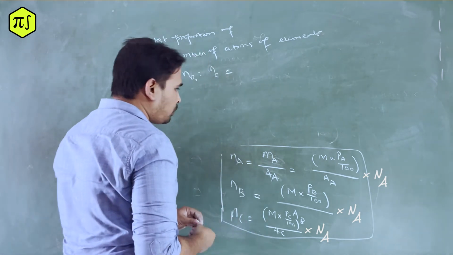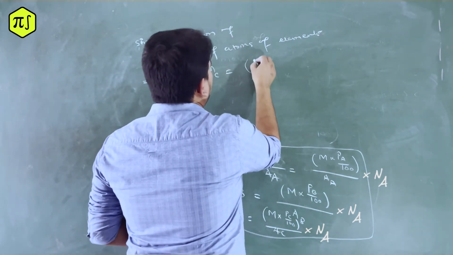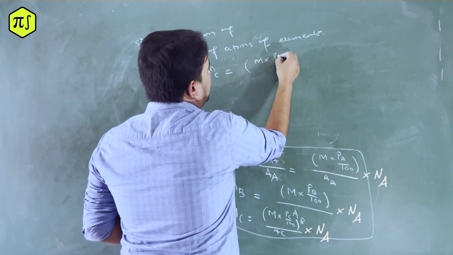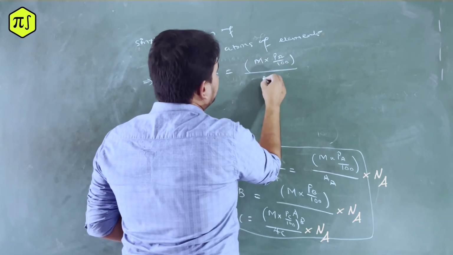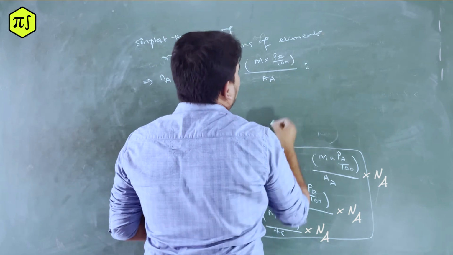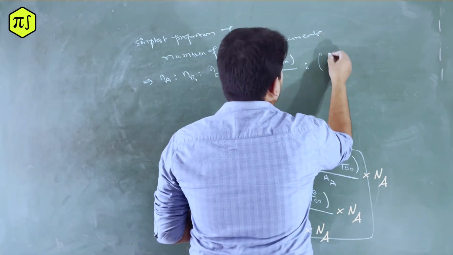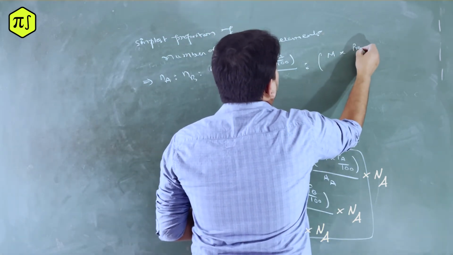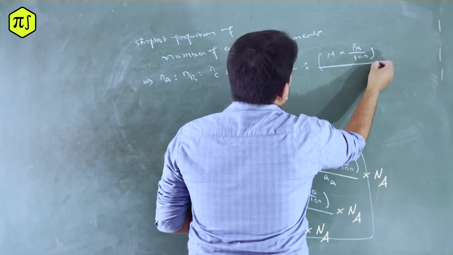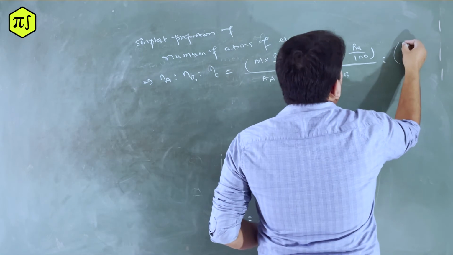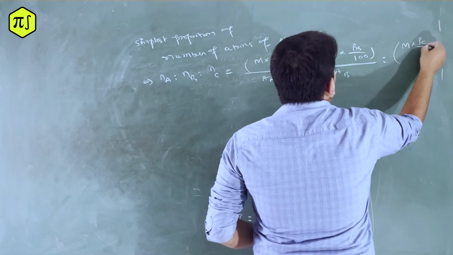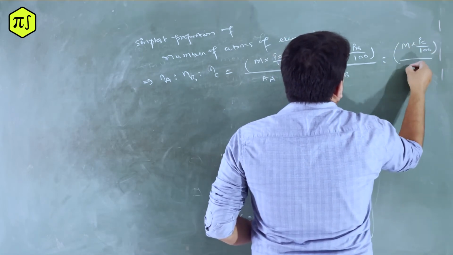This we can write down. So what will happen here, guys? We write down M into PA by 100 divided by AA, colon, M into PB by 100 divided by AB, colon, M into PC by 100 divided by AC.